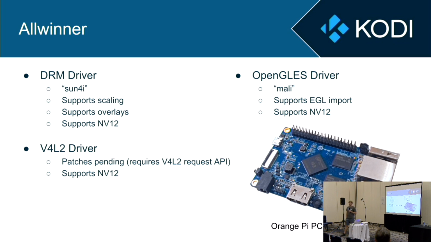They are still waiting on that request API to be merged, but that should be hopefully any day, I believe. And then we can support that. They do use Mali typically on Allwinner hardware, but otherwise everything is pretty upstream in the mainline kernel for that.